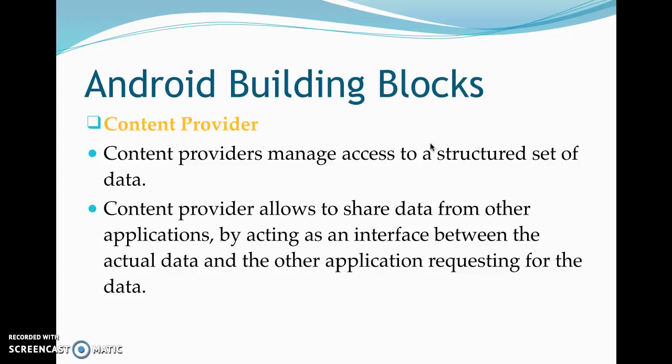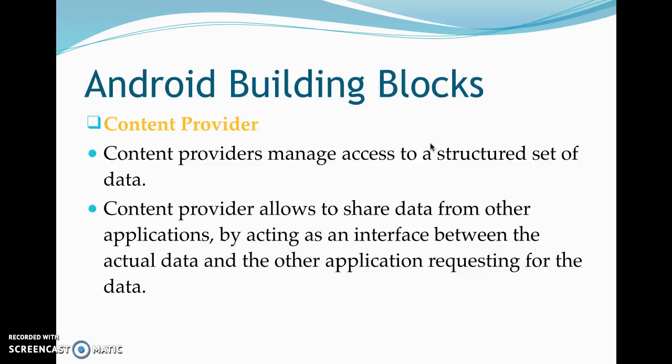But say we have another application which uses our phone contacts, say WhatsApp. WhatsApp shows all your contacts one by one, by fetching the data from the contacts app. How the data from the contacts app is exposed to WhatsApp is using content provider.